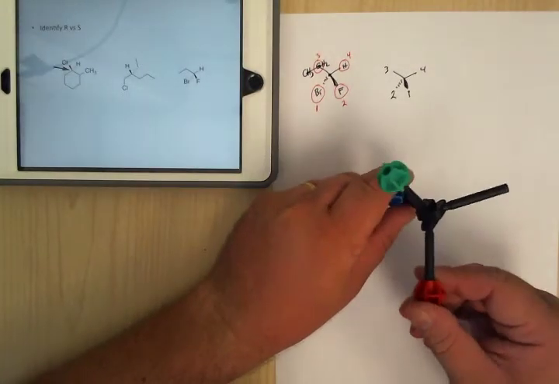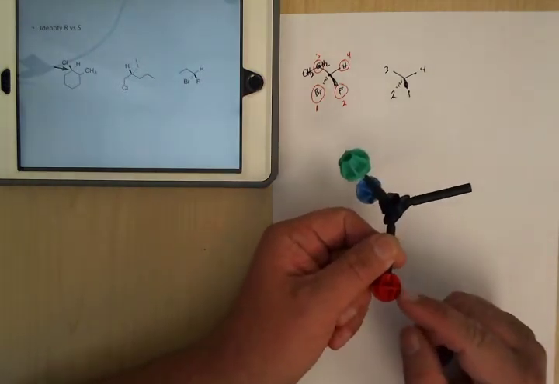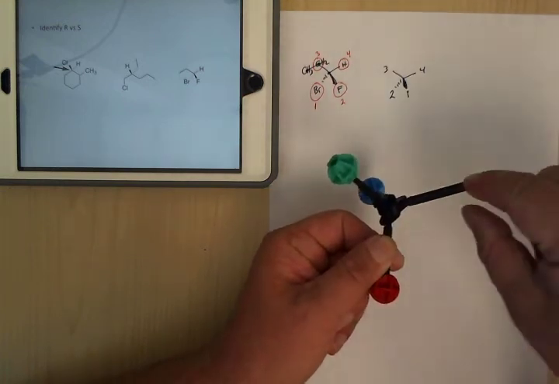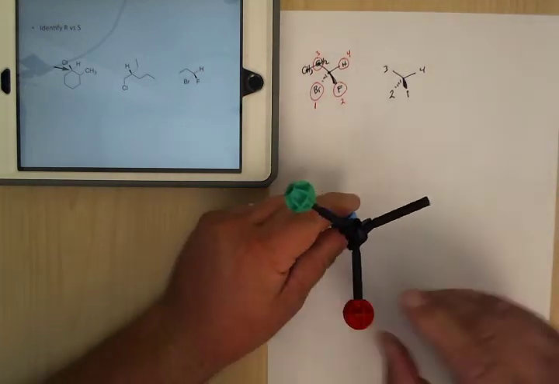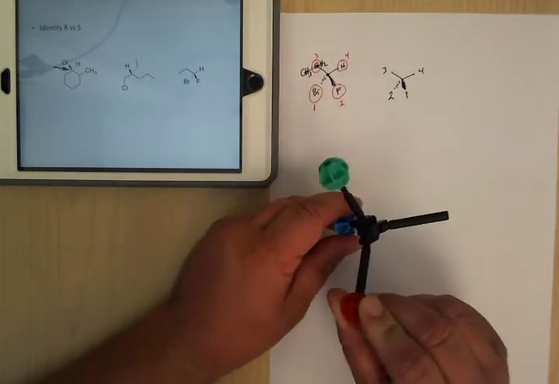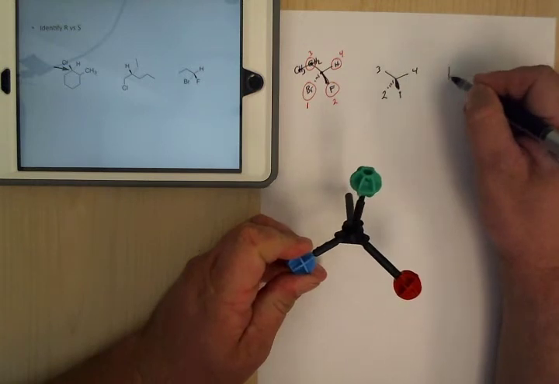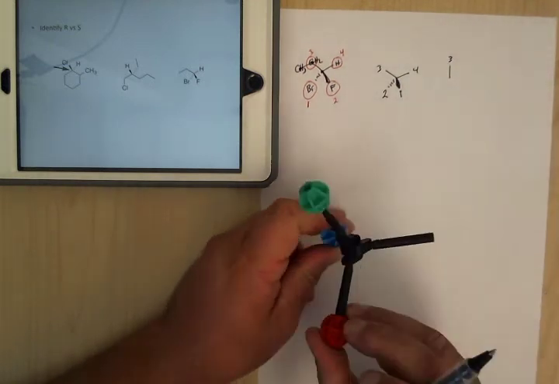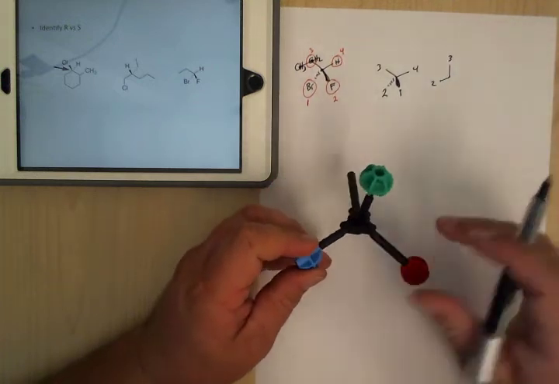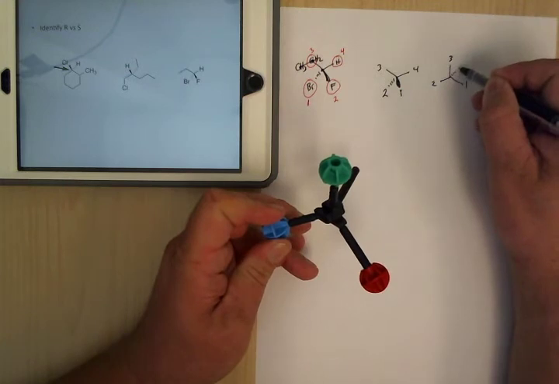So it's like this. We have 1, 2. 1's coming out, 2's going behind, 3's over here, 4's over there. If you want to do the steering wheel method, you need to move it: the 3 comes up, the 2 goes over here, the 1 goes over here, and the 4 goes behind.